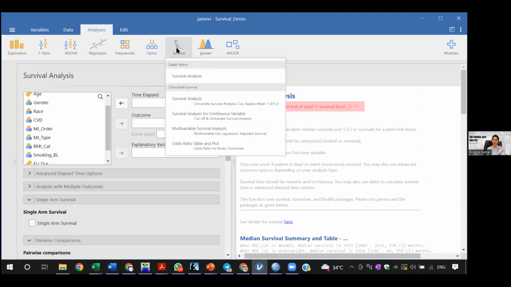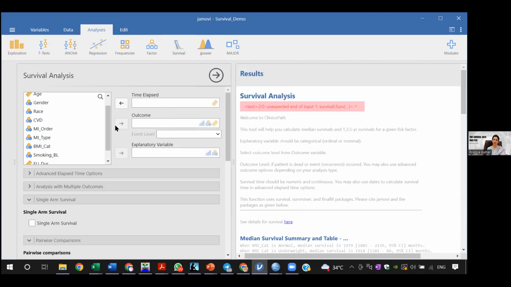In survival, you have to choose this univariate survival analysis. And then this is the time elapsed. So move this follow-up duration because it's a scale variable here. And then follow-up status here. And this follow-up status is the second attack of MI. And then you move this gender to this.